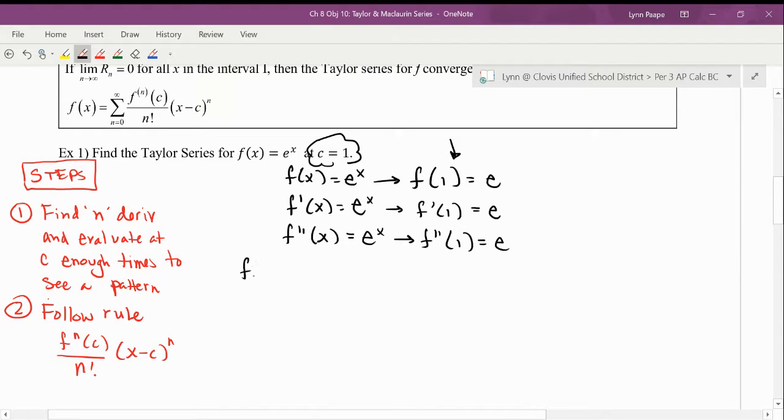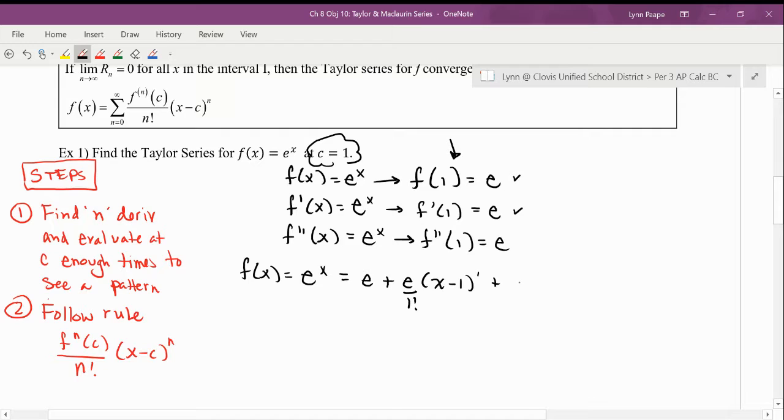So we have our function, which is e to the x. I'm going to just start here. So we have e, right? And that's no derivative, no power, so that would be x minus c to the 0 power over 0 factorial. I'm not going to write that part out. Now we go to the first derivative, so that would be plus e times x minus c to the power of 1 over 1 factorial.